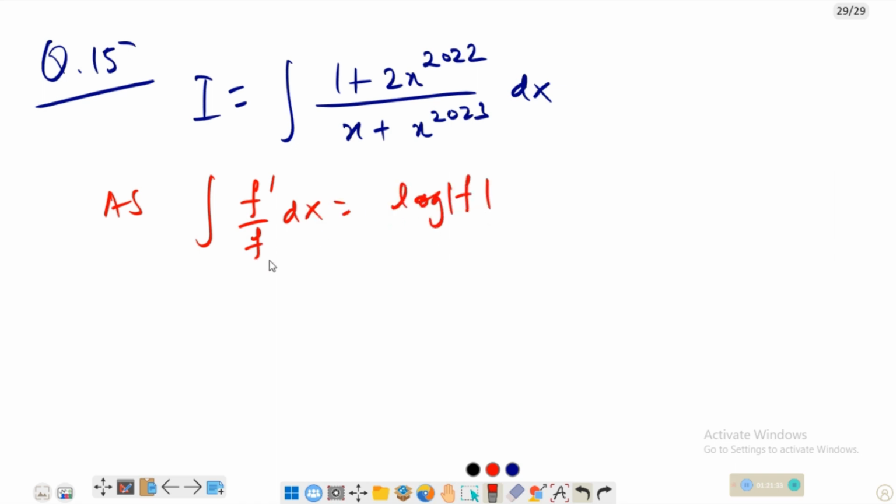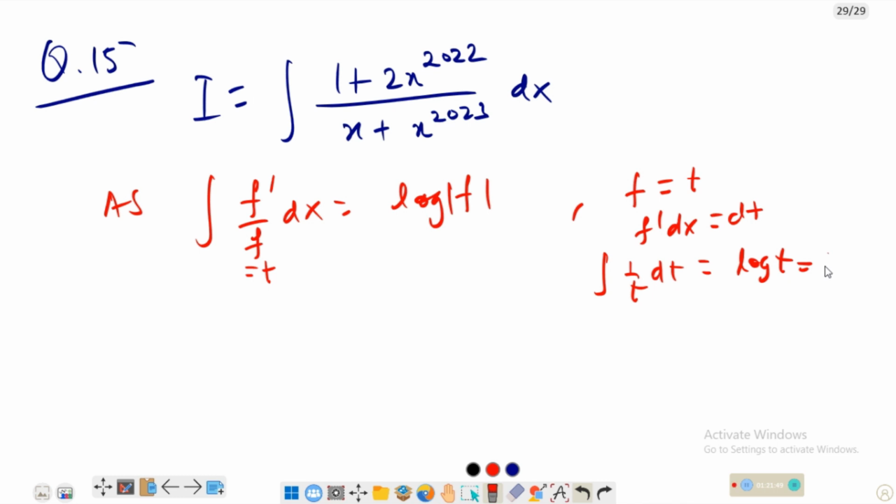How? If we put this quantity as t, f is equal to t, then f dash dx is equal to dt. So this integral becomes 1 upon t dt, which is equal to log t, and t is equal to f, so log f. This is mod.